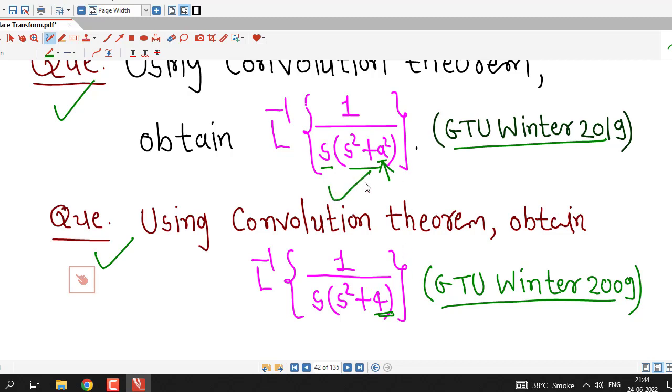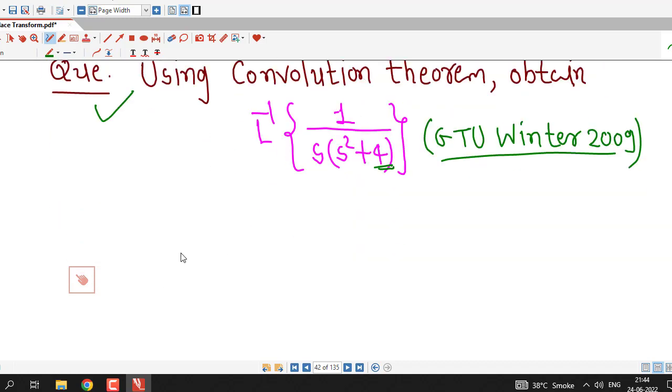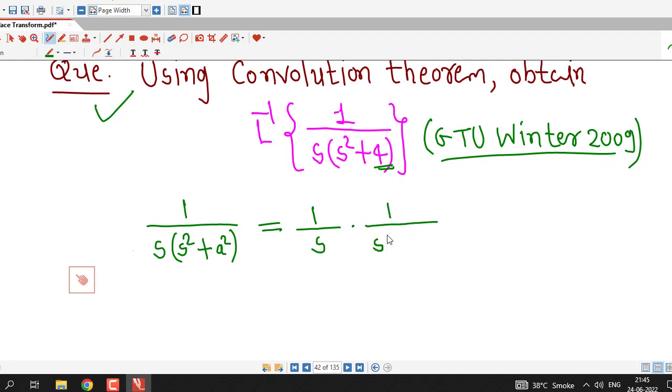And we have to apply convolution theorem to obtain inverse Laplace transform of this function. Given function is 1 by s into s square plus a square. If we want to apply convolution theorem, we should write our function as product of two functions whose inverse Laplace transform we can find out.